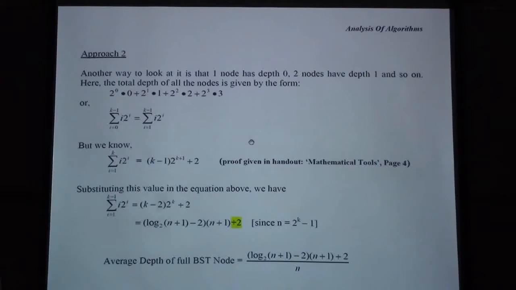That's a billion, right? That's a gig of nodes. To search that binary search tree, you will have no more than 30 comparisons. Okay?